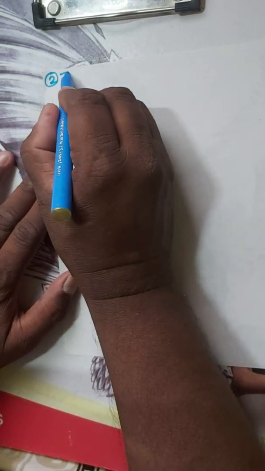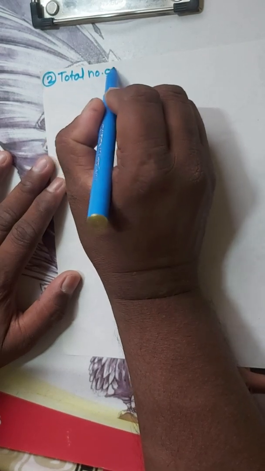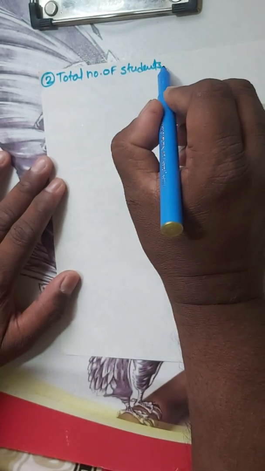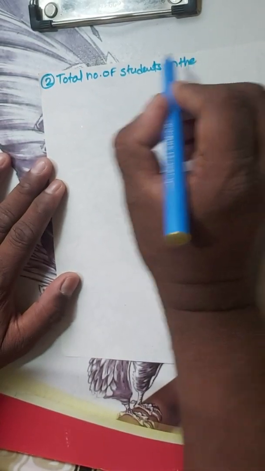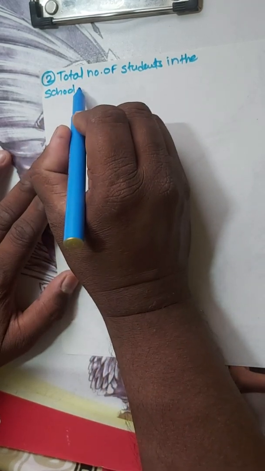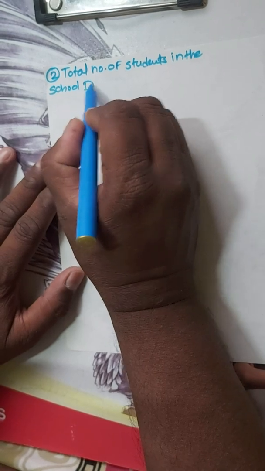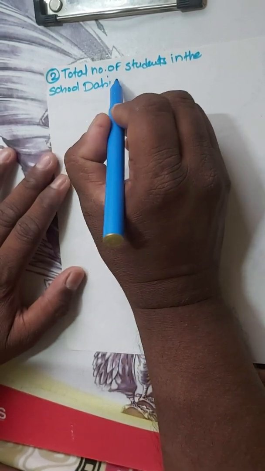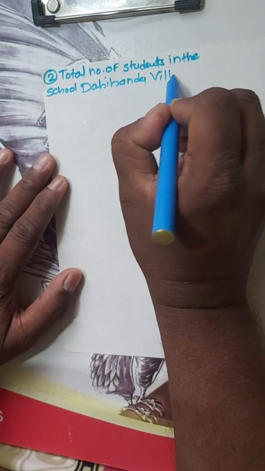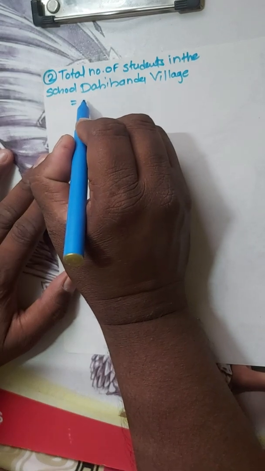So total number of students in the school in Dahi Handa village is equal to 500.